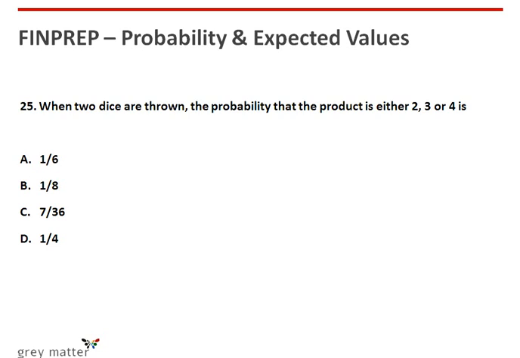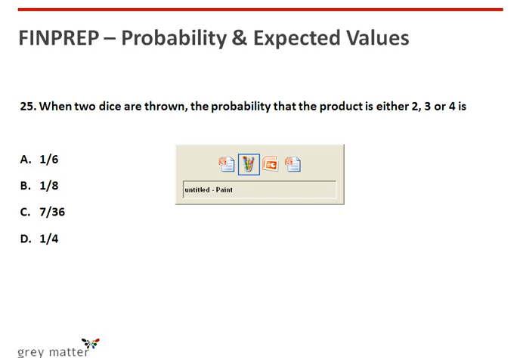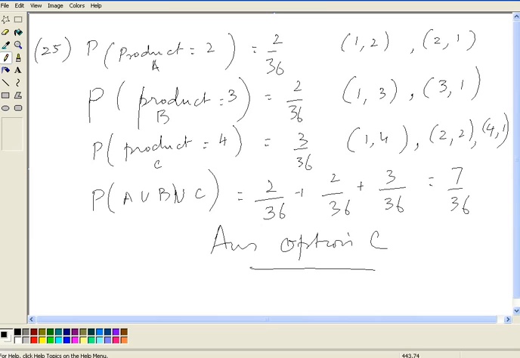25th question. When two dice are thrown, the probability that the product is either 2 or 3 or 4 is worked out as follows. The probability of product A equal to 2: there are two options, 1 2 or 2 1, that is 2 by 36.